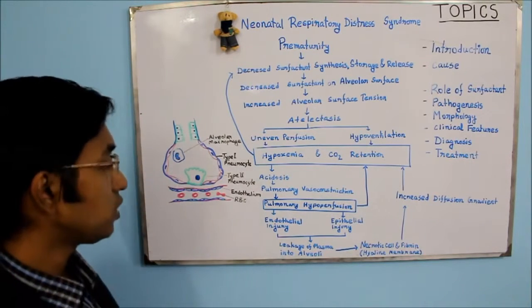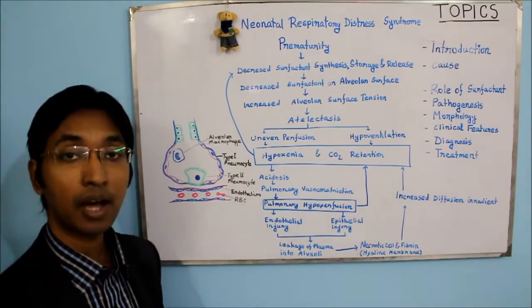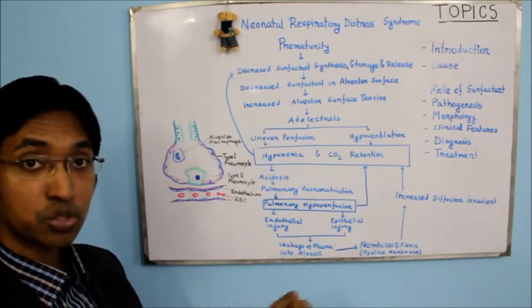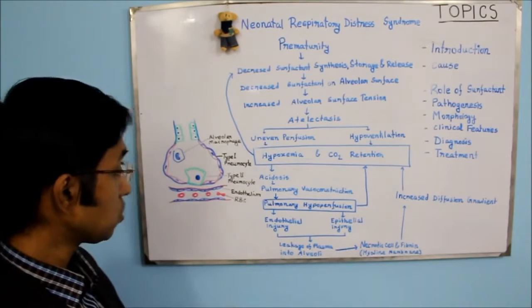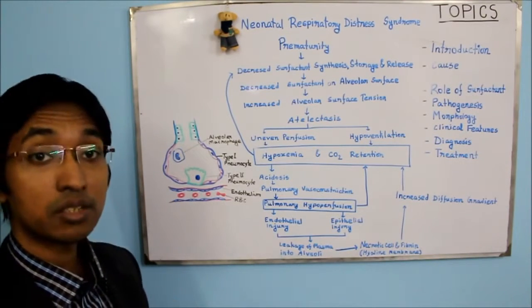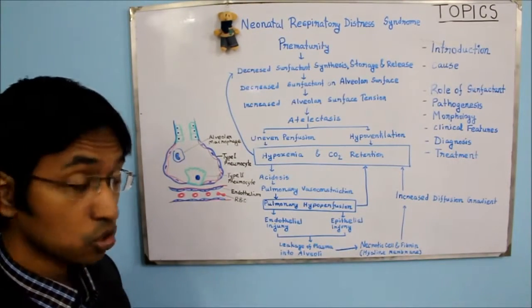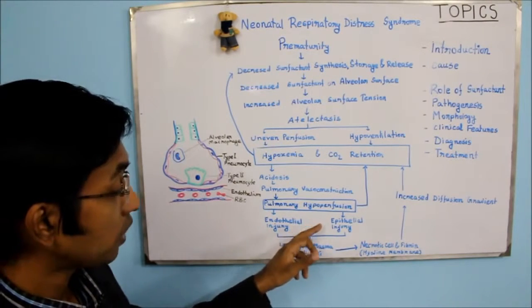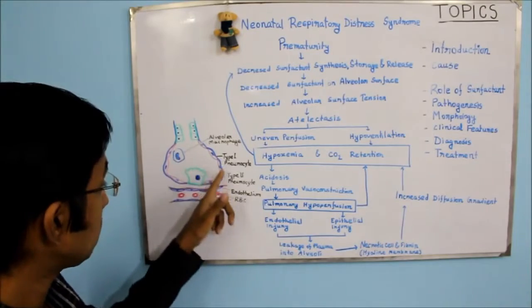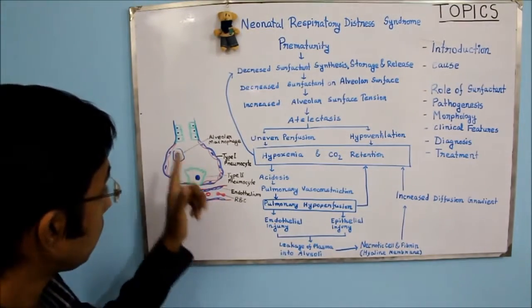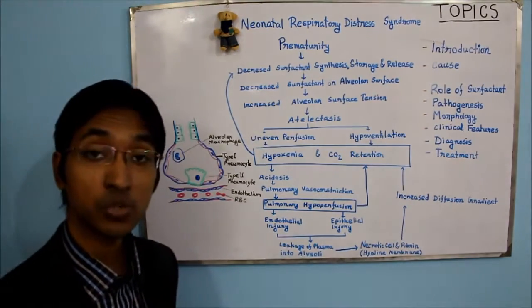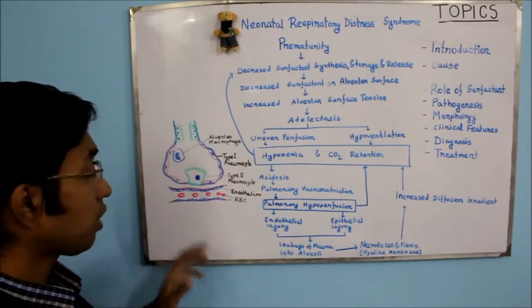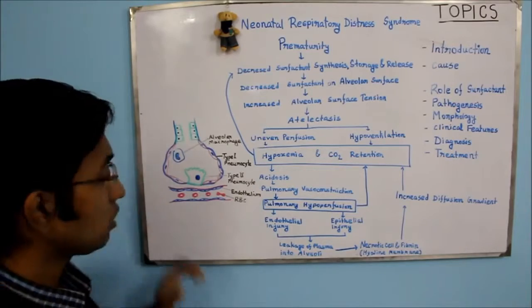This will lead to further pulmonary hypoperfusion, and since now we have reduced blood supply in the lungs, there will be further damage. There will be injury to the epithelial cells that were lining the alveoli, and also injury to the endothelial cells of the blood vessels surrounding the alveoli.